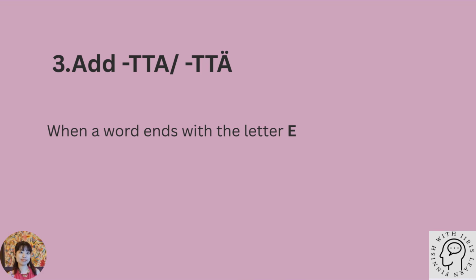For example, vaate, meaning piece of clothing or garment, ends with the letter E. So the partitive form is vaatetta.